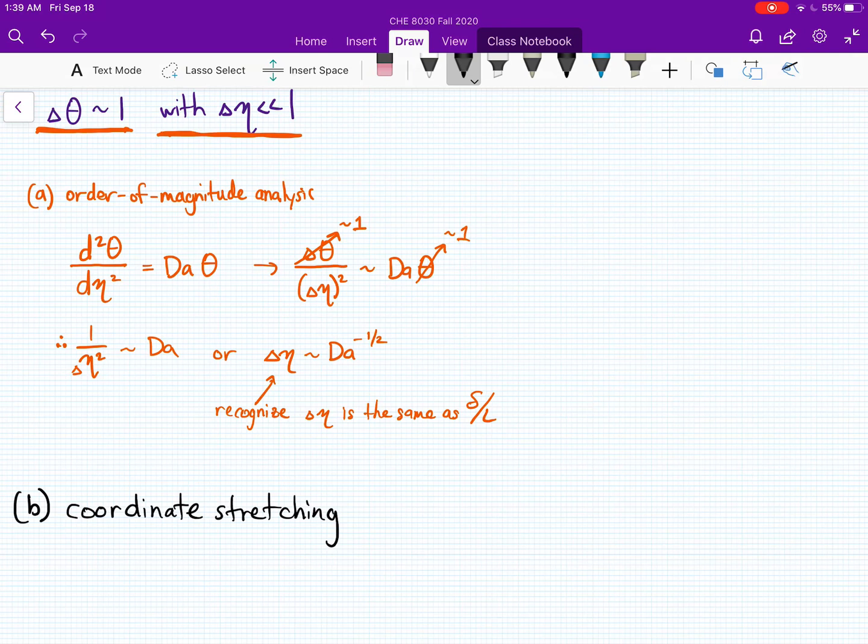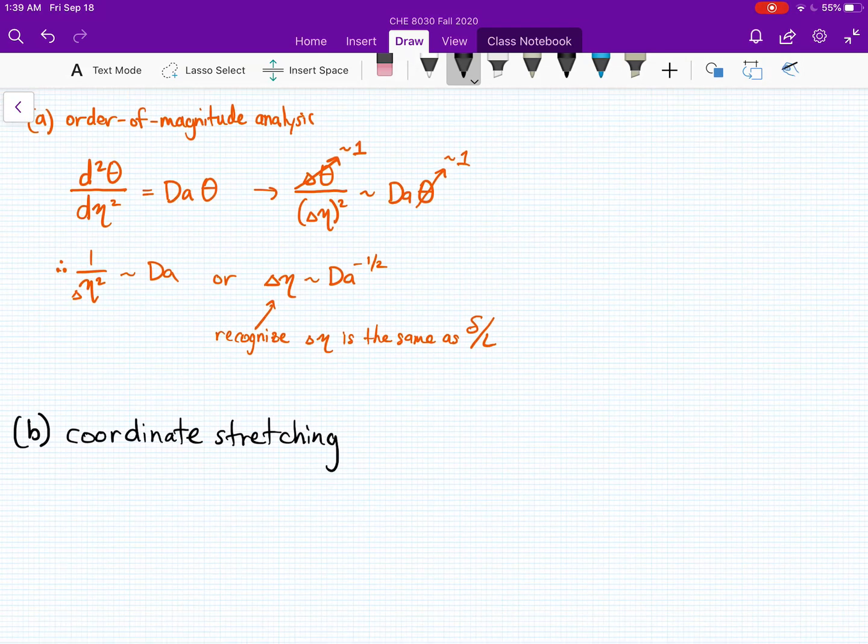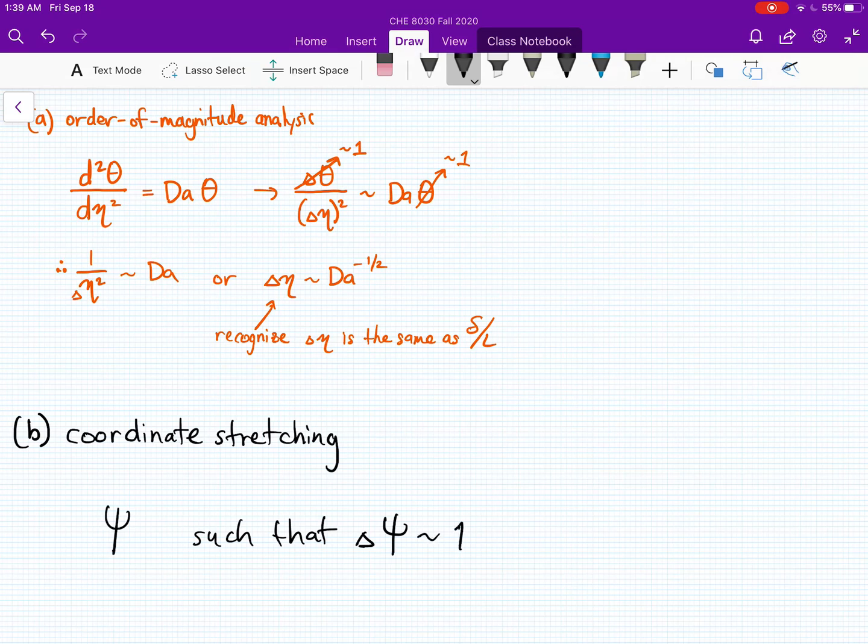Okay, so in this particular scenario, what we are seeking is a new coordinate. Here for us, we'll call that coordinate psi. We're seeking a new coordinate such that delta psi is on the order of 1 in that reaction zone or delta thickness into our film.